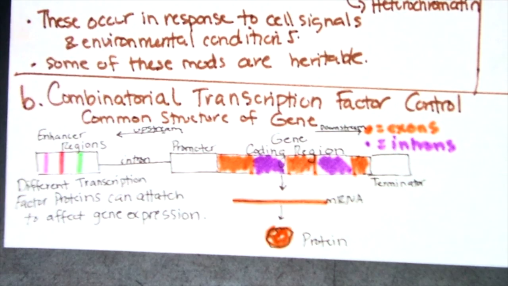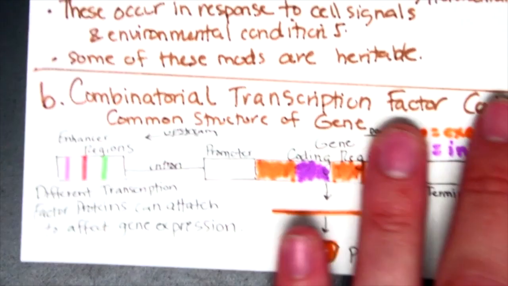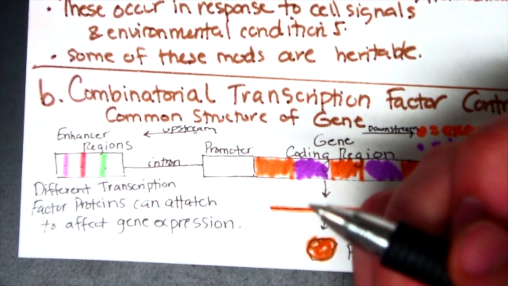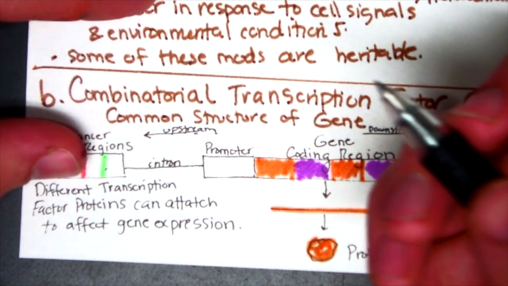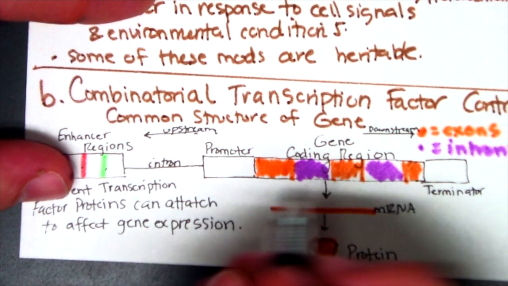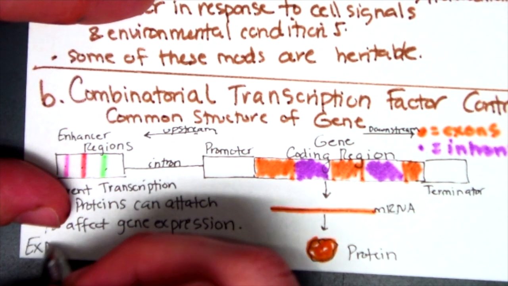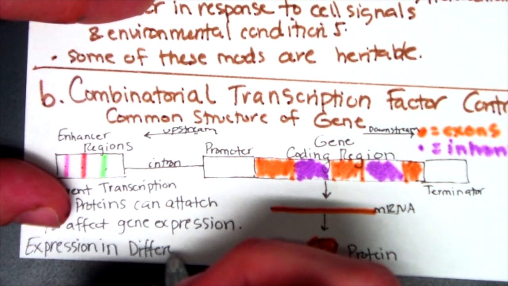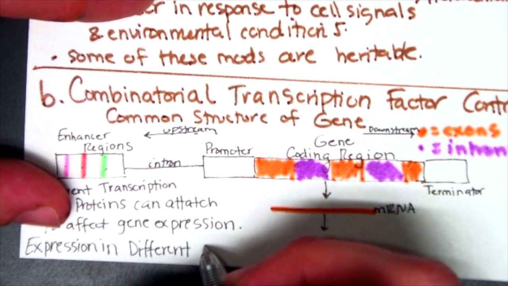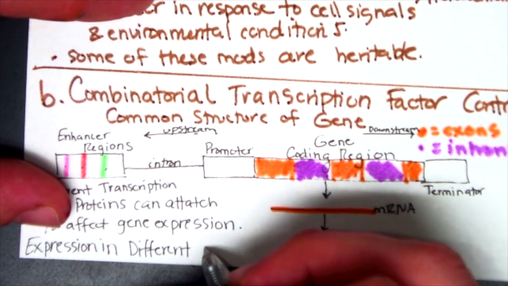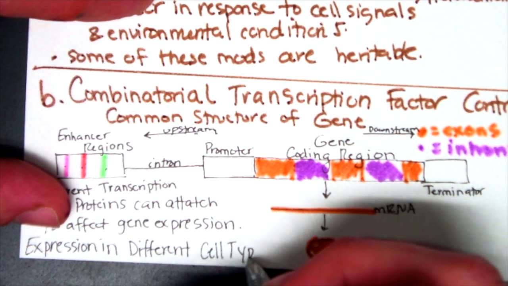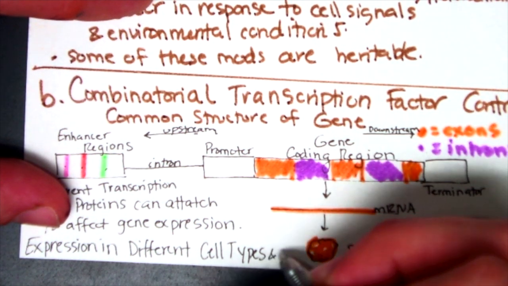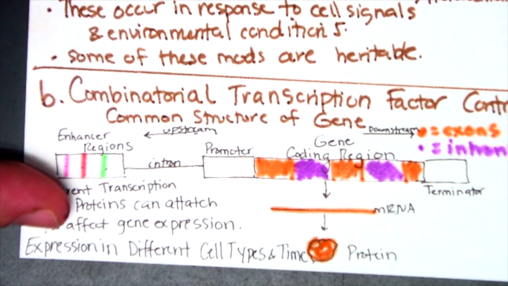These three different regions in the enhancer section allow for expression in different cell types and time.